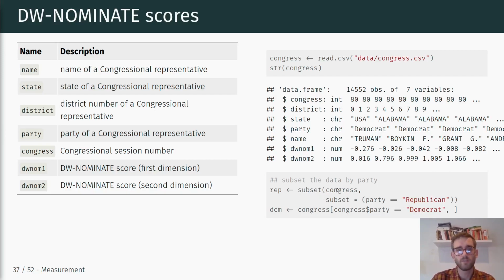And note here how I'm showcasing two different alternatives of how we can subset this. One is using the subset command directly, and one is using this bracket notation. Both ultimately are equivalent and lead to the same result. We're subsetting the data set into Republican congressmen only and Democratic congressmen only. Okay.